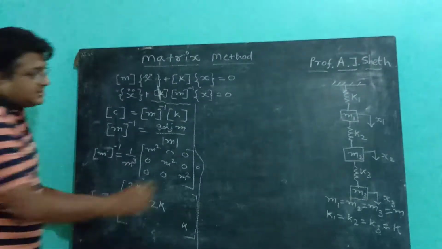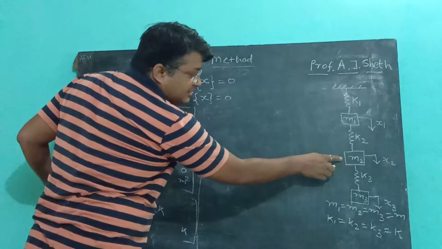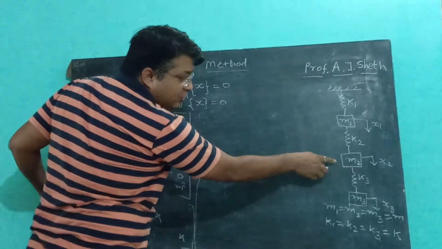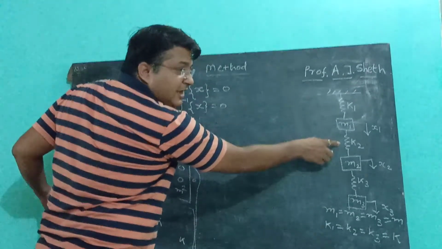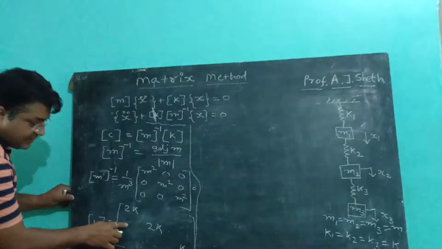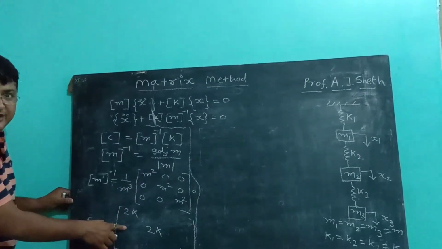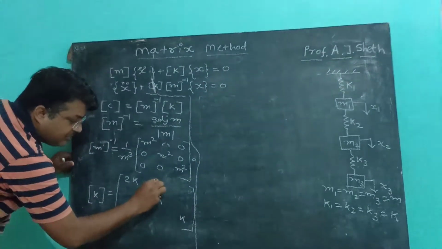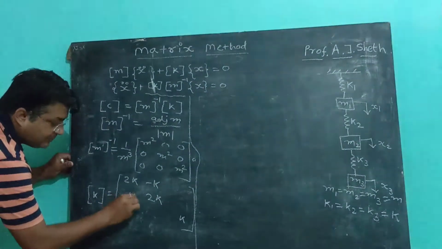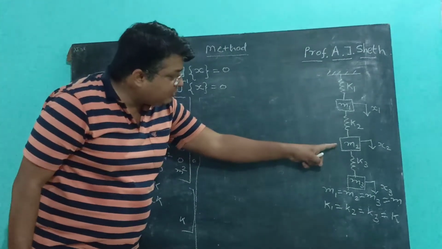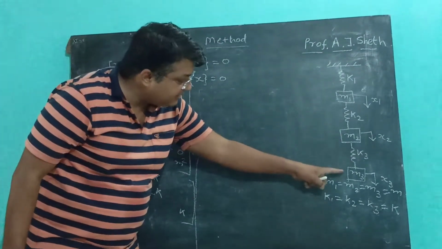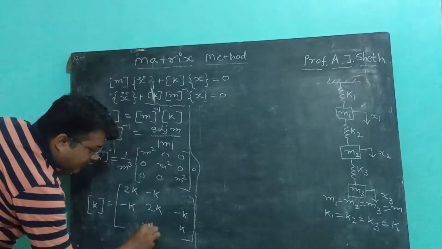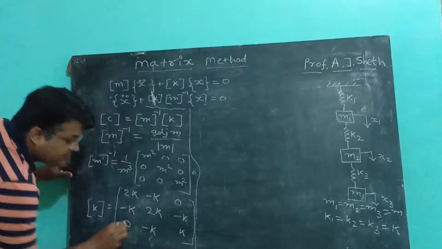Now mass m1 and m2 are connected with stiffener K2, so these locations are for the interconnected stiffeners. K2 has value K and is shown by a minus sign. Mass m2 is connected like this, and mass m3 also has minus K, and the remaining values are 0.